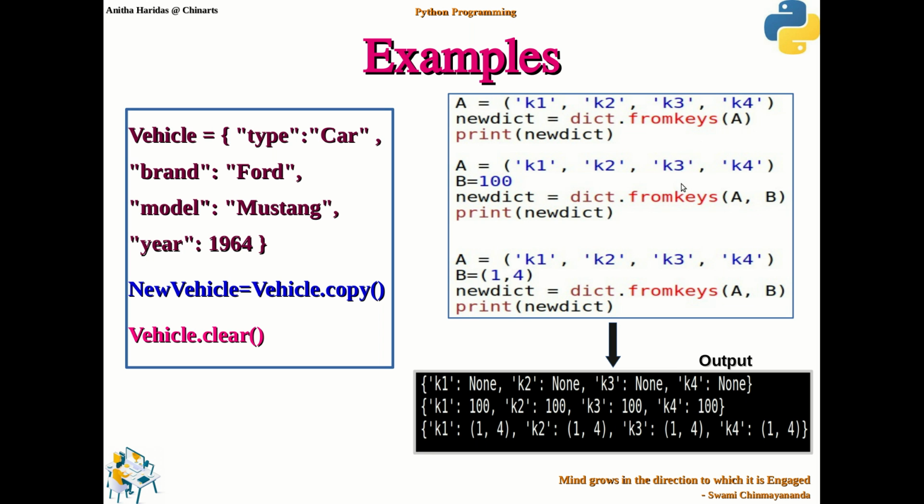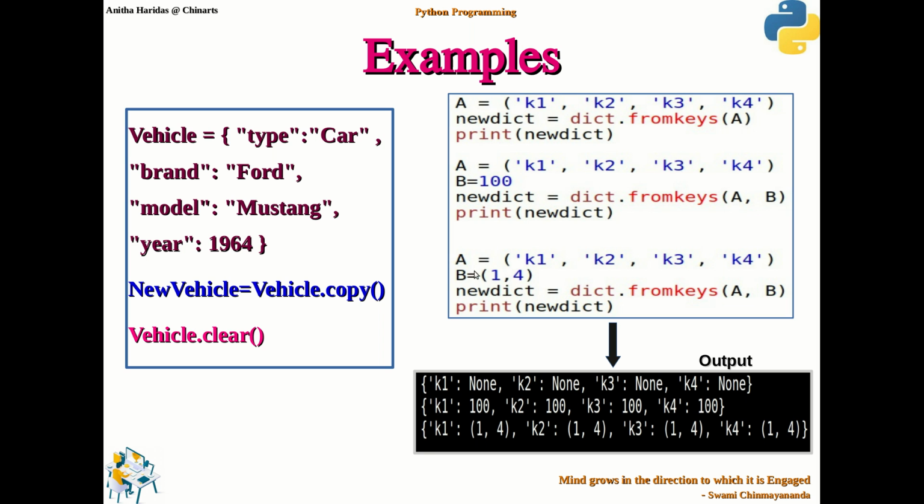Another way you can observe here, I have a tuple k1, k2, k3, k4. I want to use this tuple as keys and I want to assign 100 as the value for all these keys. If this is the case, you can observe I pass the first argument as the tuple and the second argument b with value 100. So what happens? For k1, k2, k3 and k4, it has 100 as its value because I am passing only one value here.